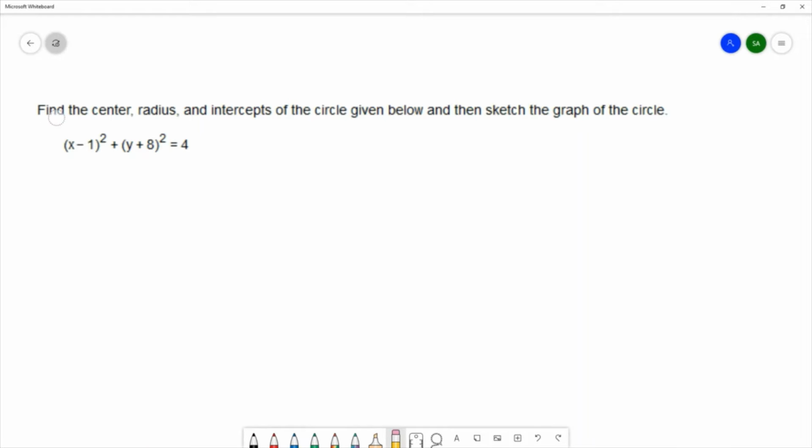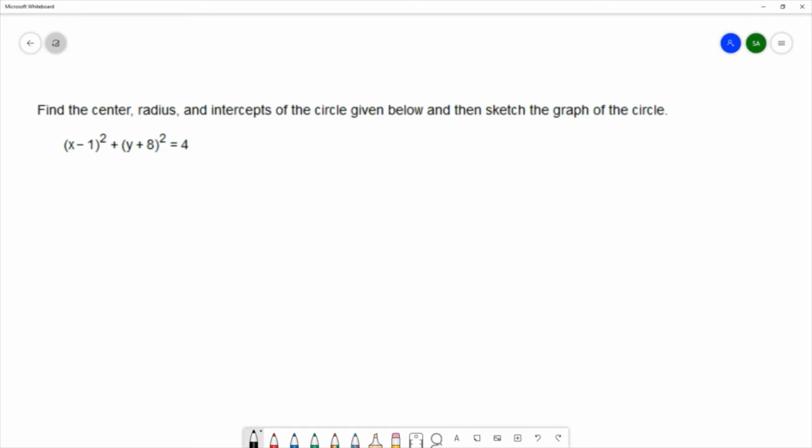For this question, we want to find the center, radius, and intercepts of the circle given below and sketch the graph of the circle. Our circle has the equation (x minus 1) squared plus (y plus 8) squared equals 4. We know this is the equation of a circle because it's in the proper form.